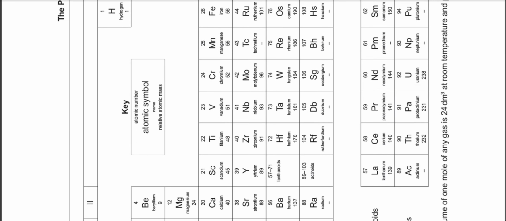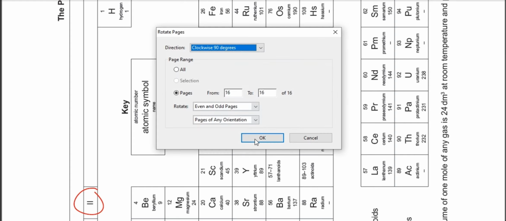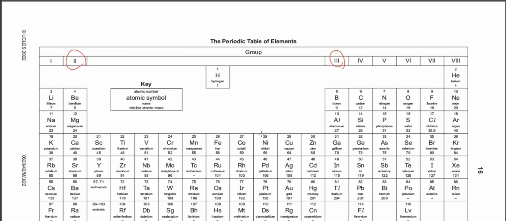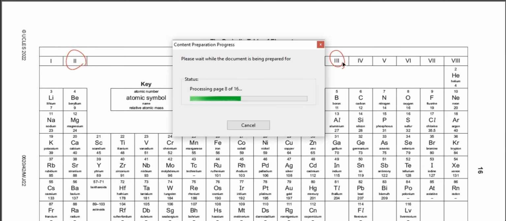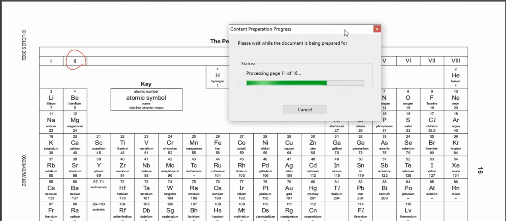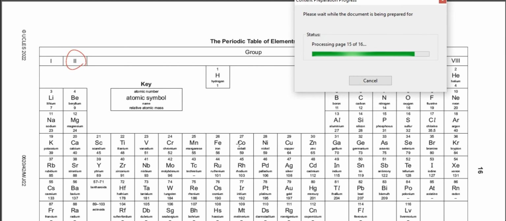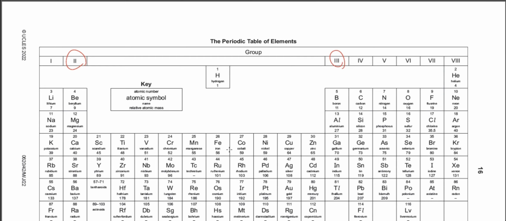In between group 2 and group 3 are the middle block, which is called the transition elements. And in this, the examiner asked about manganese.